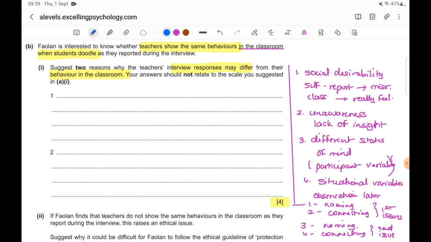I'll name the reason first. Social desirability is one reason.